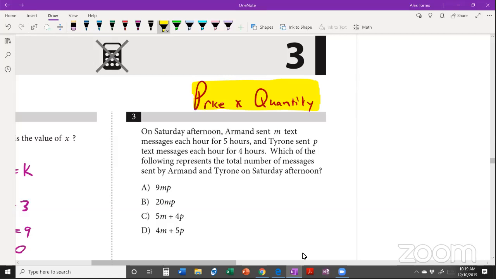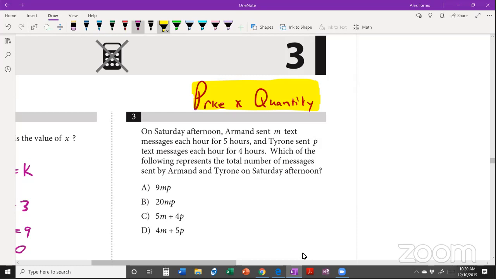So for instance, if I have 15 sweaters and each sweater costs 20 bucks, then the price of the sweater is 20. But that's not any different than if I said I have 15 bags of fruit and each bag of fruit weighs 20 pounds. The math would be the same. It's still one number times the other, as we like to say, PQ.